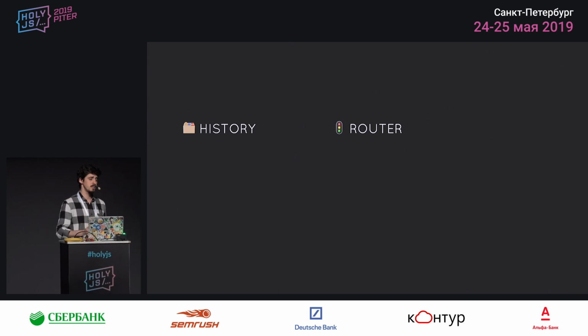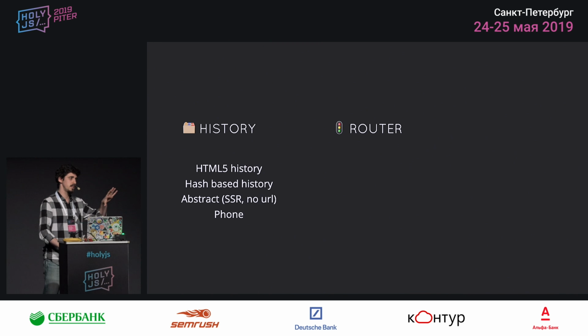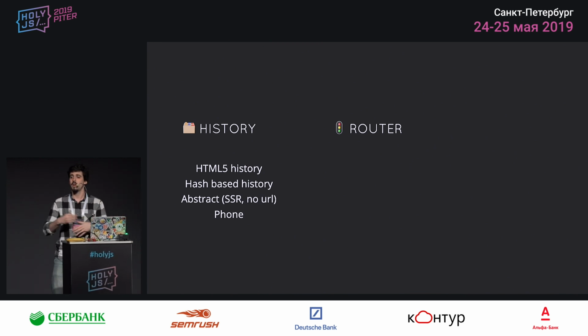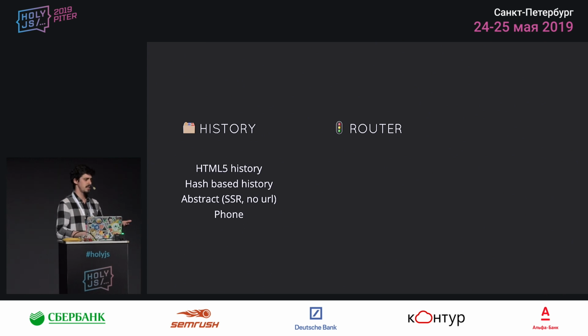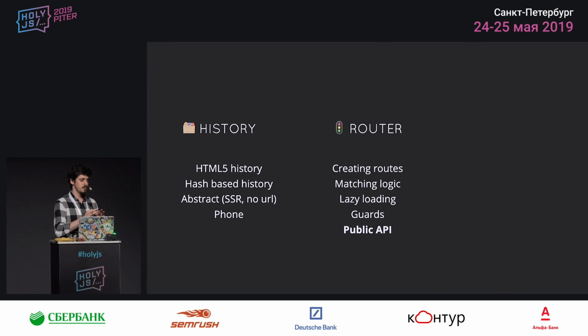And most of the implementations we see out there are like this. So what happens is that the history usually is a specific implementation of, say, the HTML5 version, the hash version, or an abstract in-memory one, or it can be for the phone, like React Native, whatever. And the router is going to be there to create routes and has the matching logic.